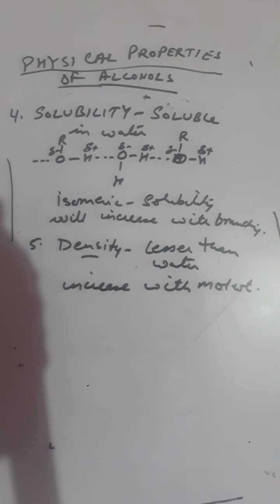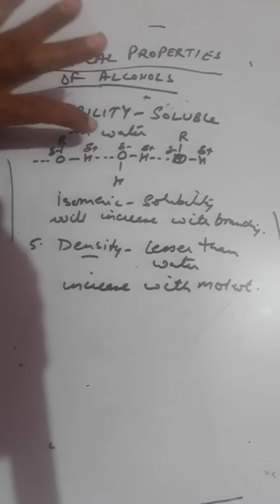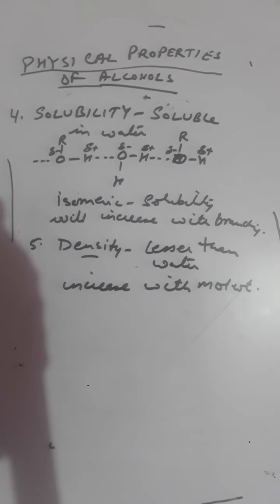And then we have seen the boiling points. We have seen that the boiling points are more as compared to any other hydrocarbon of the comparable molecular mass. And then we have discussed the solubility, which was also because of the formation of the intermolecular H bonding with water. They are soluble in water, and for the isomerics, solubility will increase with the branching.